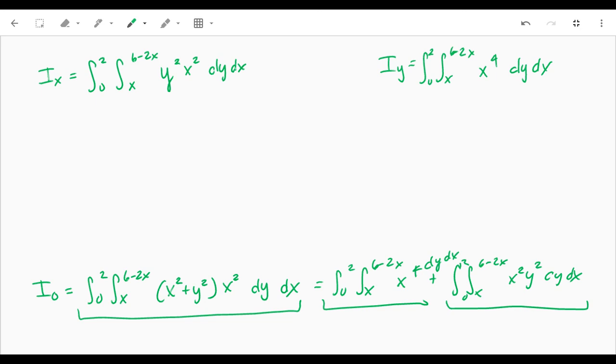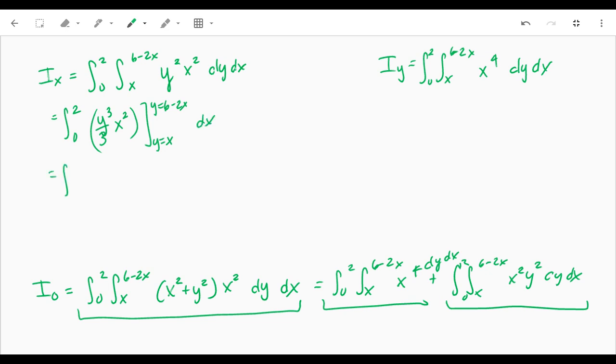Okay, so anyways, our moment of inertia around the x-axis, we will have the integral from 0 to 2. We're integrating with respect to y, so y cubed over 3 times x squared from y equals x to y equals 6 minus 2x.